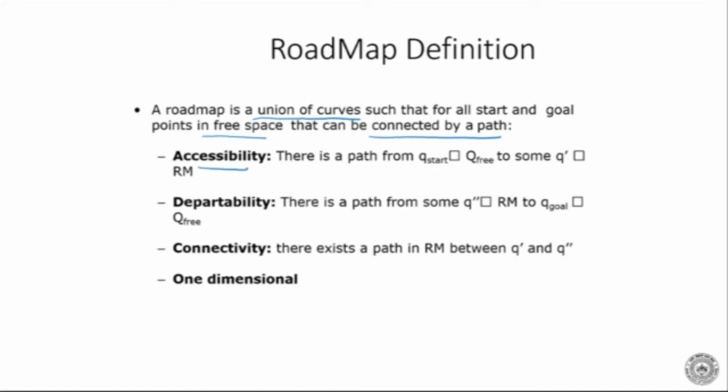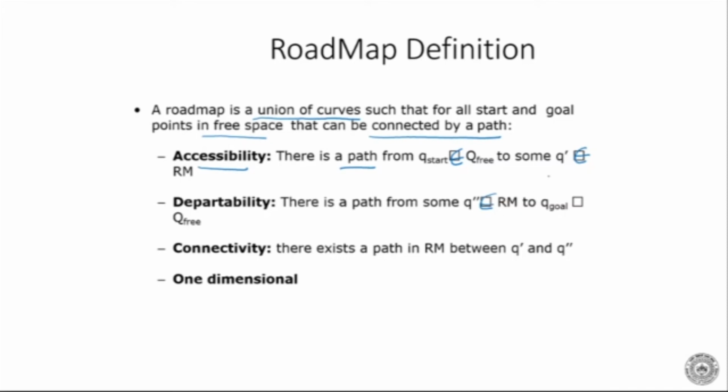That means there is a path from Q start, which belongs to Q free, to some Q dashed, which belongs to the roadmap. So accessibility: there is a path from the start point which will join the roadmap. Departability: there is a path from Q double dashed on the roadmap to the goal.